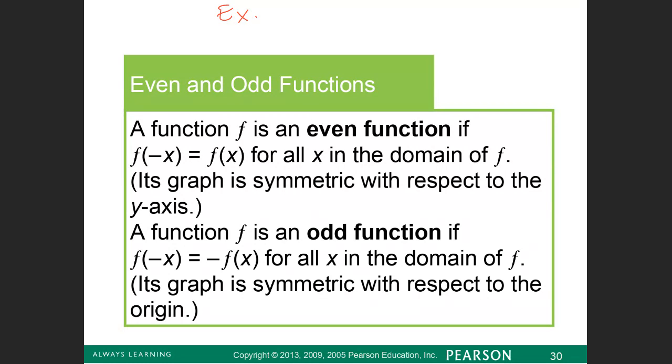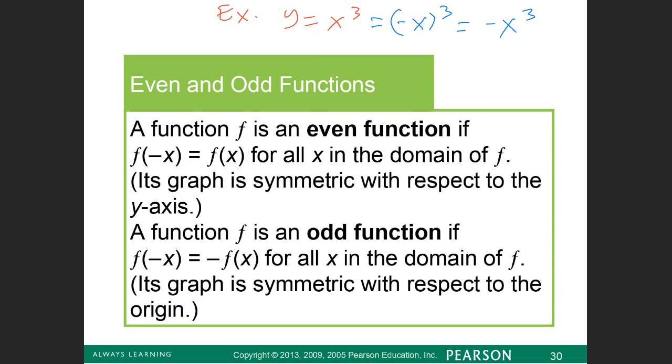If you have y is equal to x cubed, you will plug in a negative x here. So plugging in a negative x to your x gives you a negative x times a negative x times a negative x, which gives you a negative x cubed.